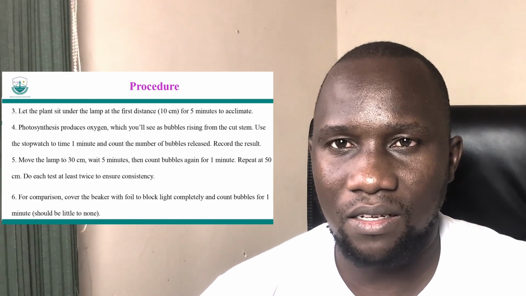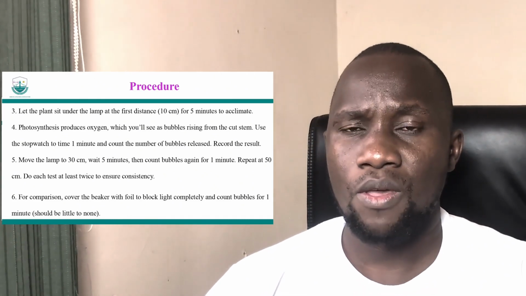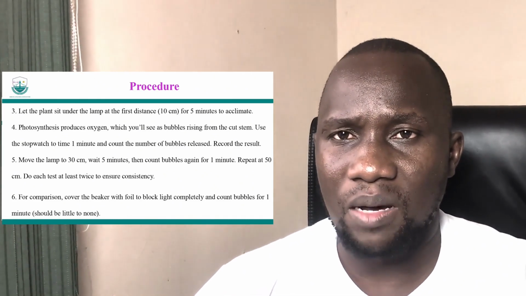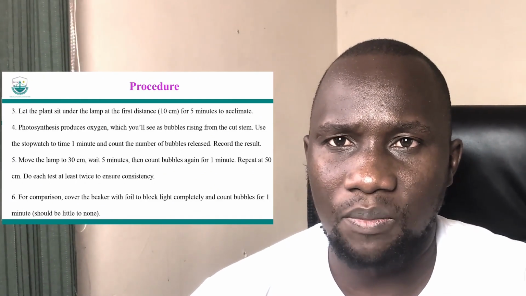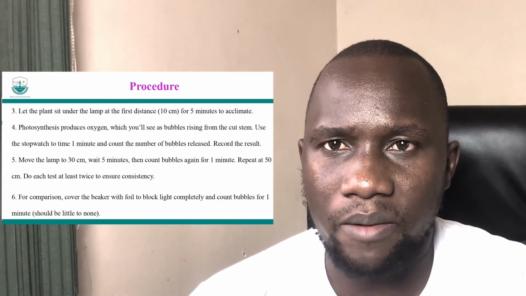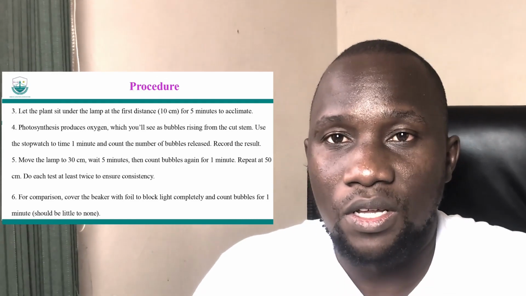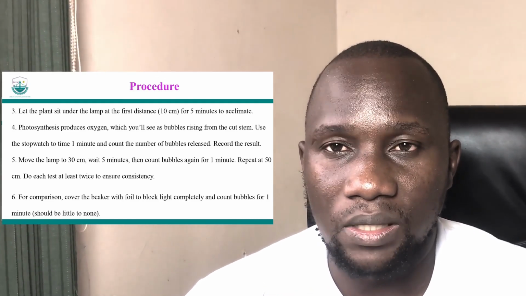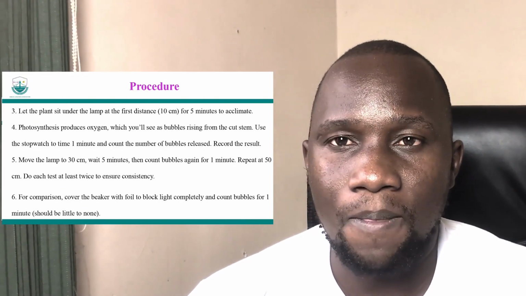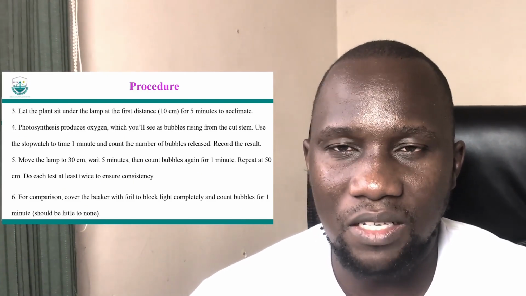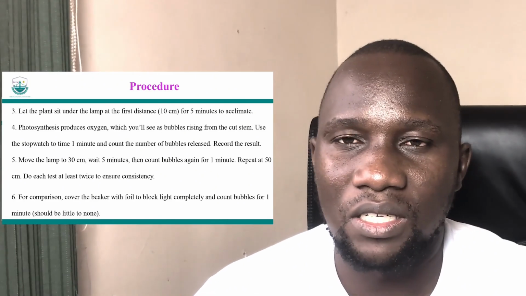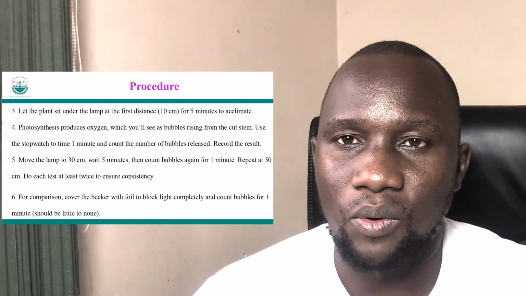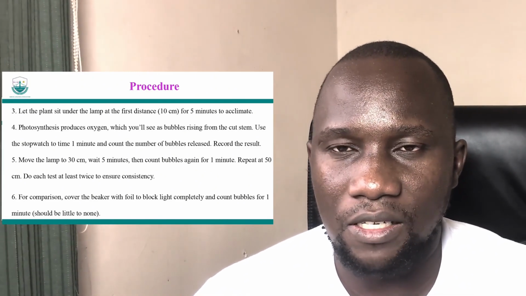Now the next thing, before you start counting the number of bubbles in this experiment, because the number of bubbles will actually tell you the extent to which the Elodea plant is photosynthesizing. If you have more bubbles, it means more oxygen is being given out, and remember, oxygen is a product of photosynthesis.